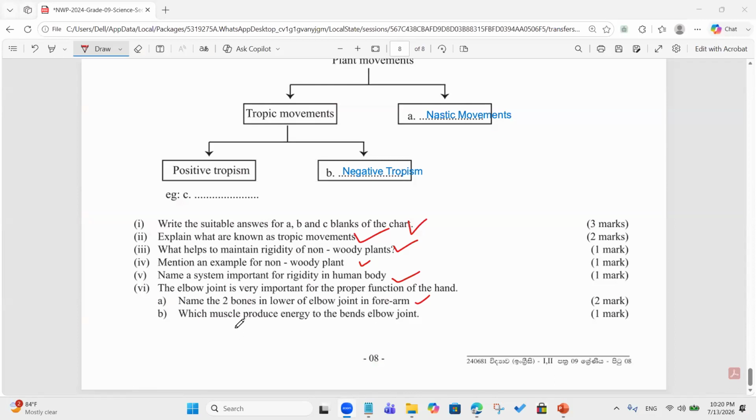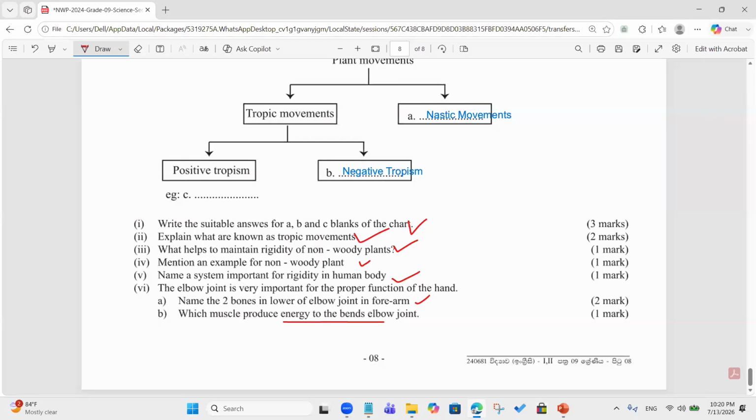B. Which muscle produces energy to bend the elbow joint? Which muscle, you know? Not muscles, muscle. Yes, what's that muscle?